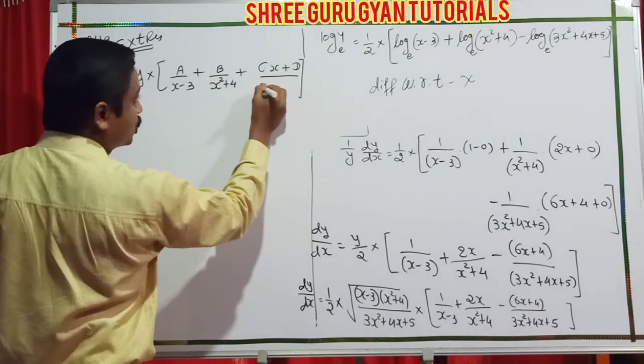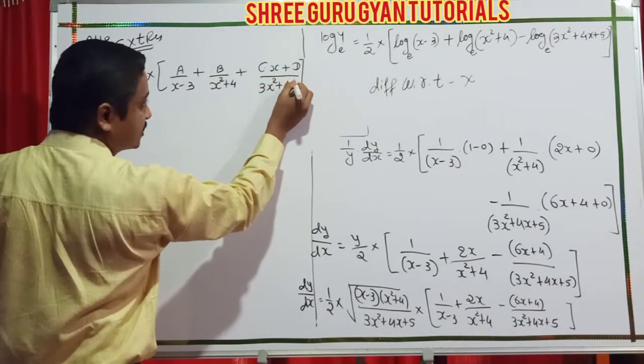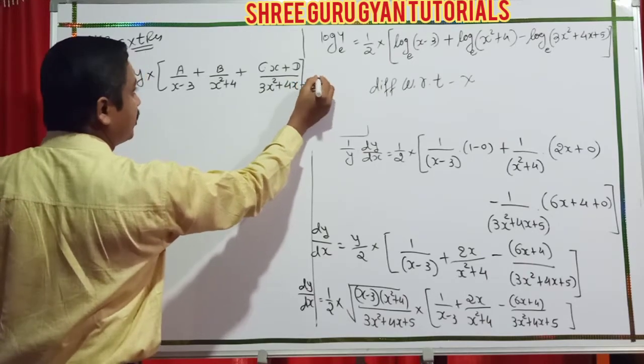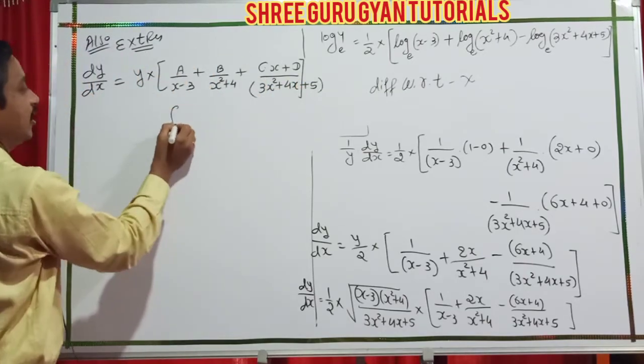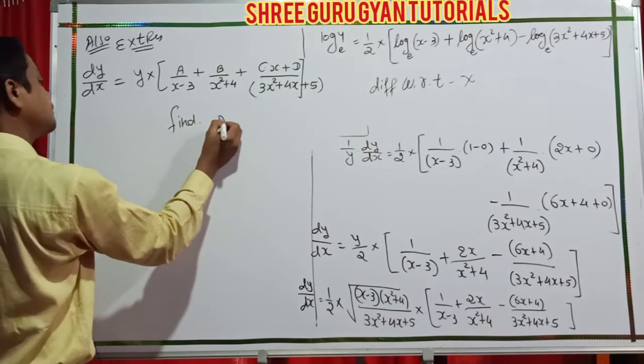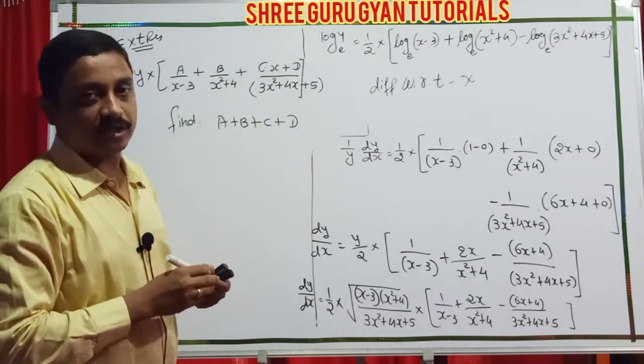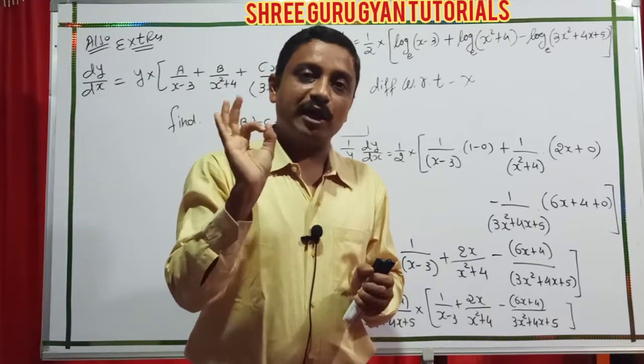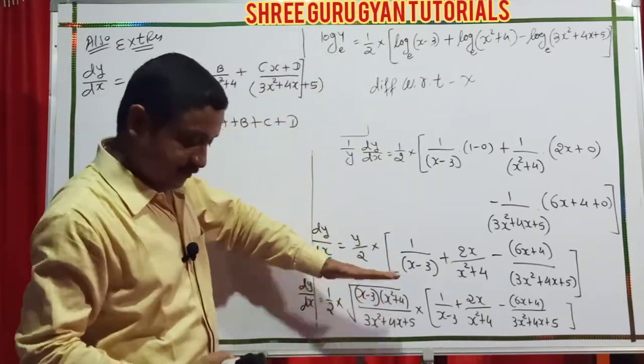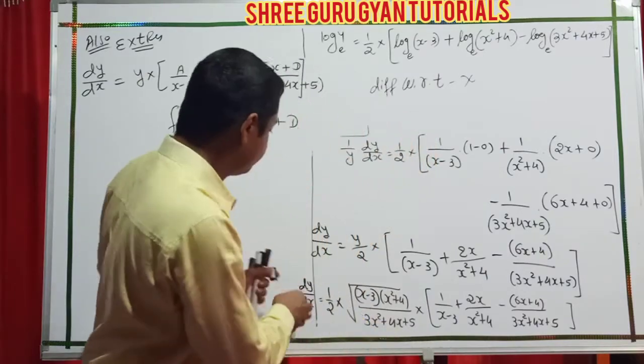So you should also calculate carefully for this type of question if it is given in this pattern, and find out a plus b plus c plus d. Yes students, so you calculate up to these equations. Yes, this one.